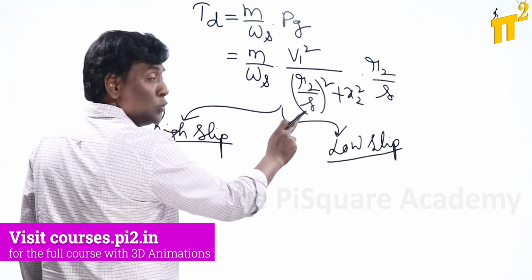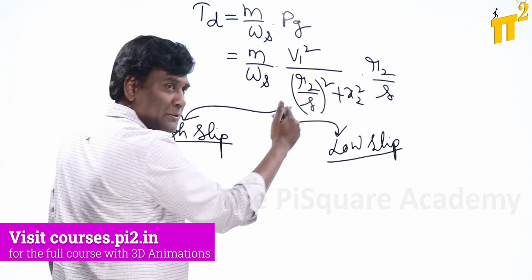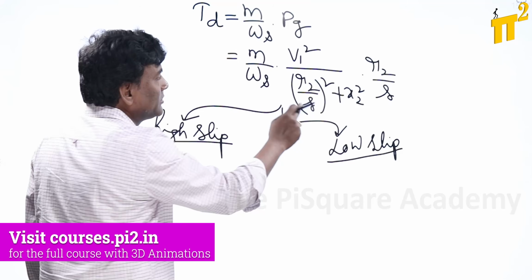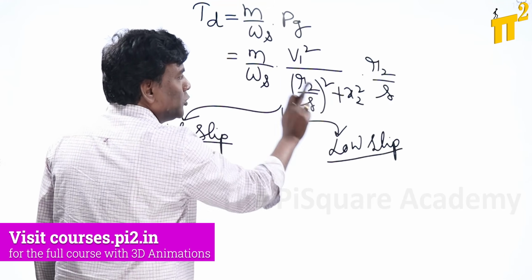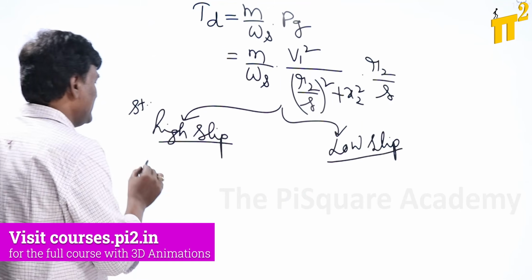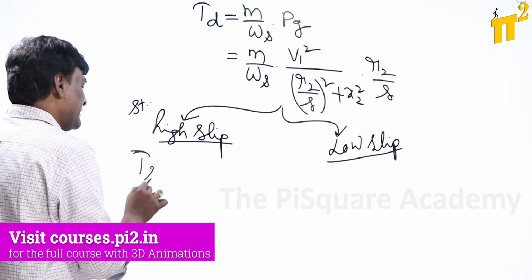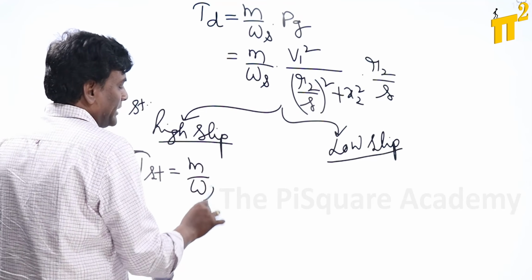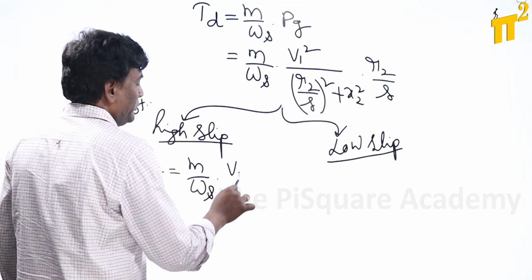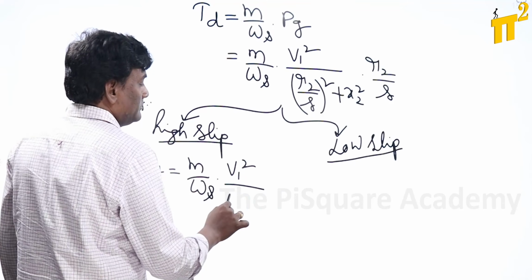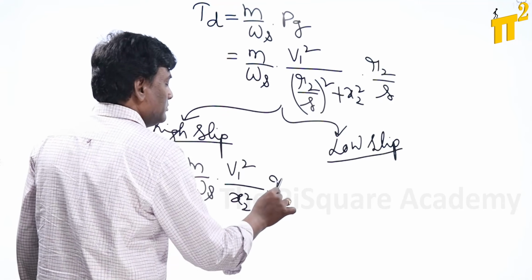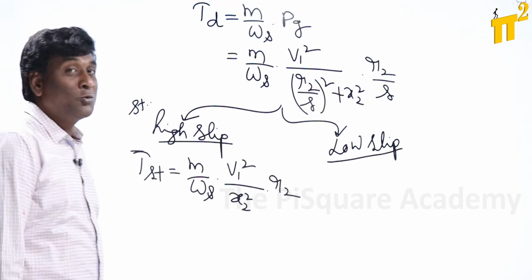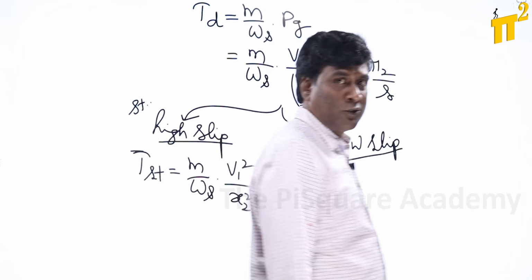When starting slip is 1, X2 by R ratios will always be more in machines. So if I think of s equal to 1, R2 by S term is going to be less and X2 is going to be more, so we consider this equation. T starting is directly m by omega s into V1 square by X2 square into R2, because S is 1 at starting.